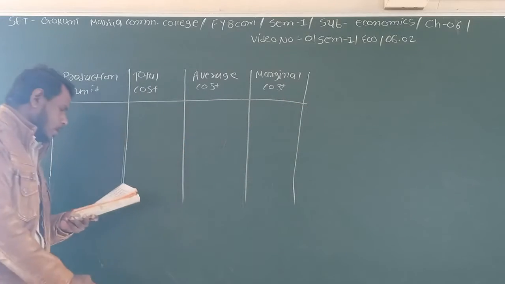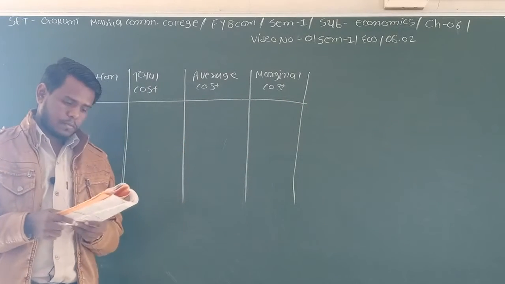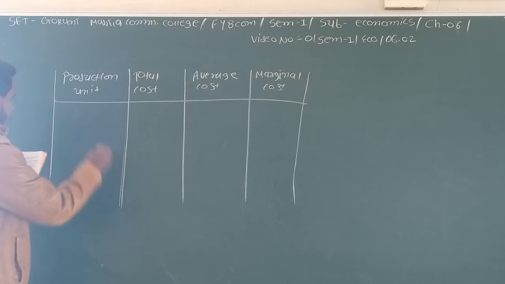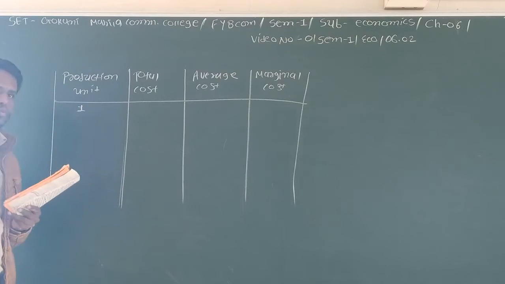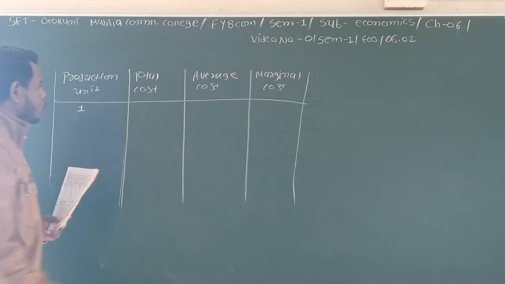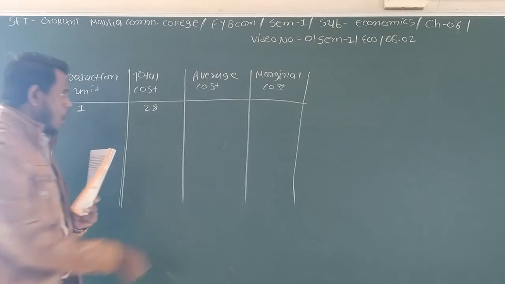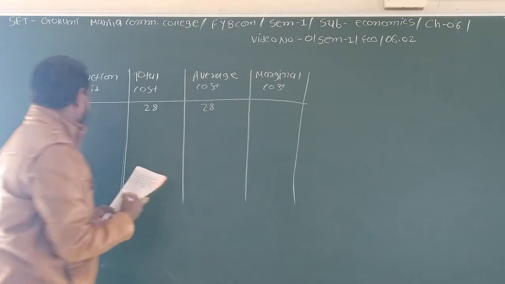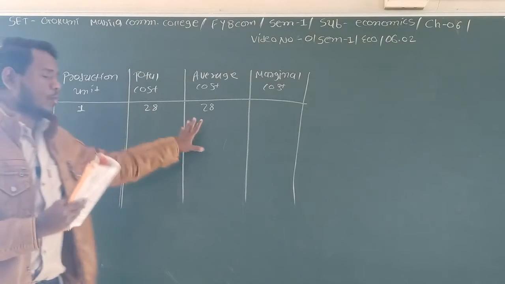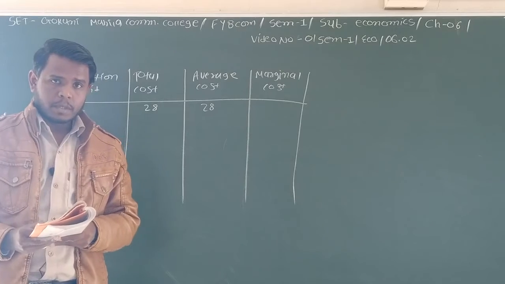So when you produce one unit, say for example your total cost is 28, so your average cost will also be 28, because 28 divided by 1 you will get rupees 28.